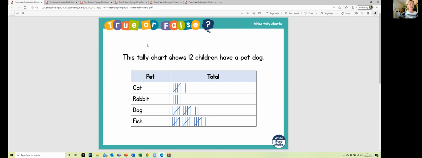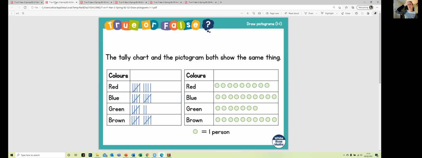Okay, welcome back. Question 2. Let's read that statement together. The tally chart and the pictogram both show the same thing. True or false?